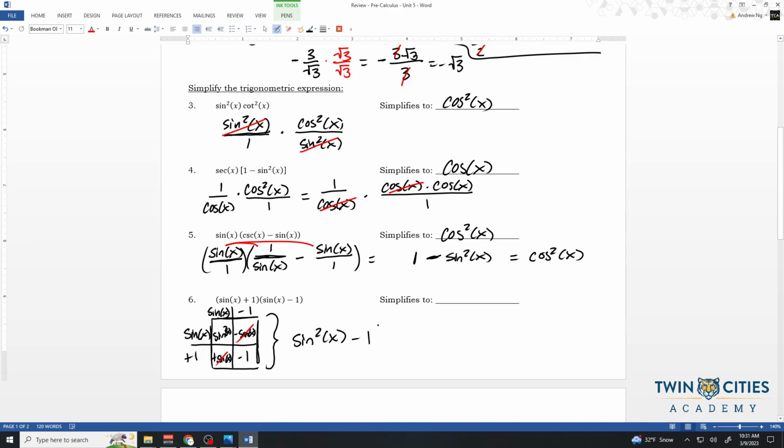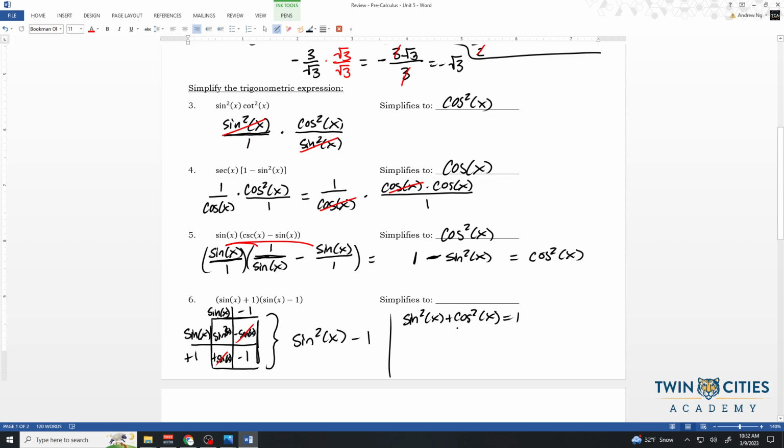Okay, sine squared of x minus 1. Again, I know that sine squared plus cosine squared equals 1. So sine squared of x plus cosine squared of x equals 1.